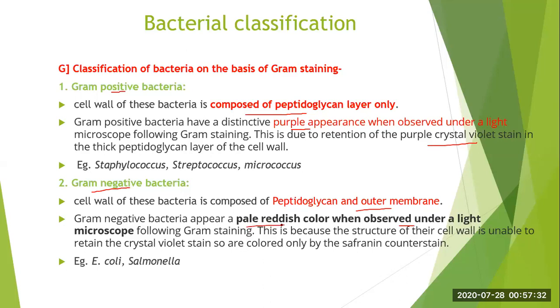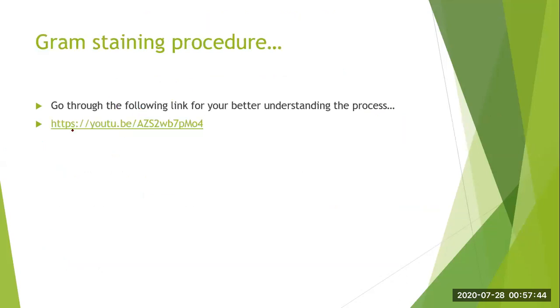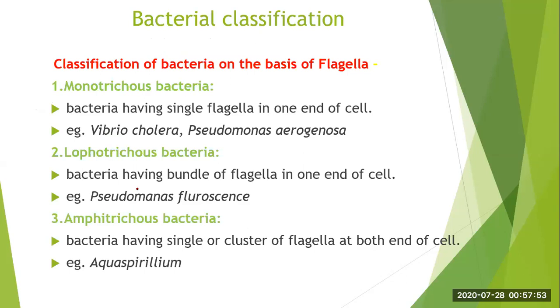Examples are E. coli and Salmonella. Mostly coliform bacteria are gram-negative, and mostly coccus-type bacteria are gram-positive. Here I have given a link where you can check the whole procedure of Gram staining. For a better understanding, you must check it.